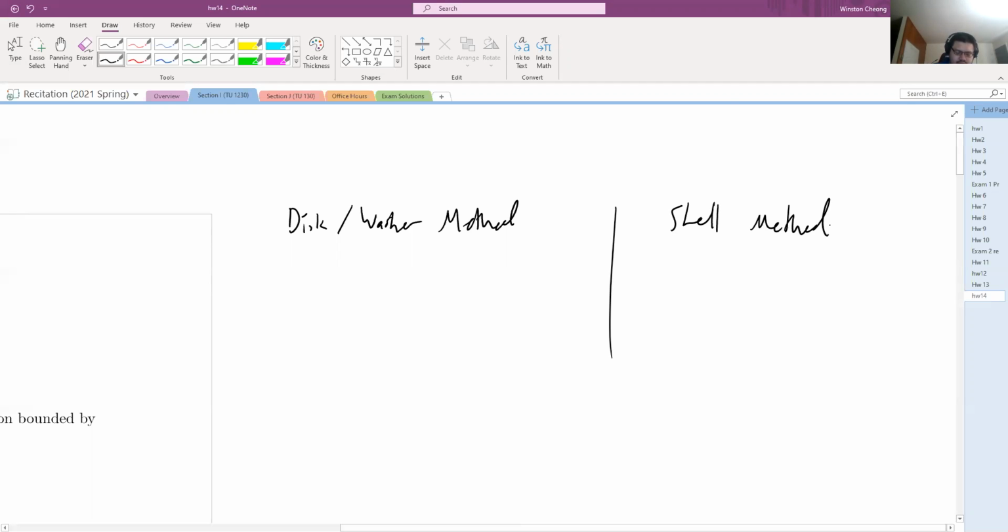But if you're just arbitrarily given a problem, you're not going to know whether the disk or washer method or the shell method is the more appropriate method to use. The way the problem looks is going to dictate which method applies better to the situation at hand.